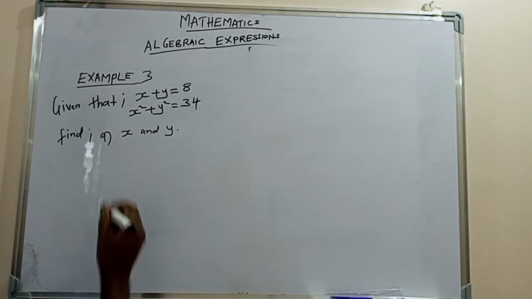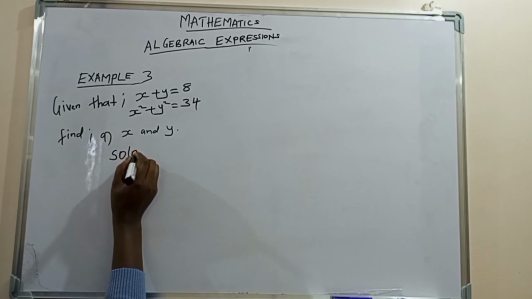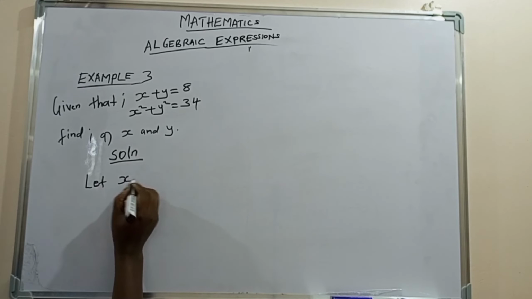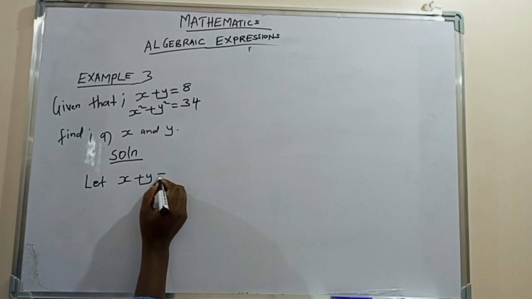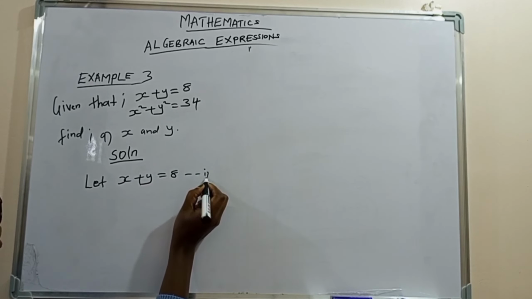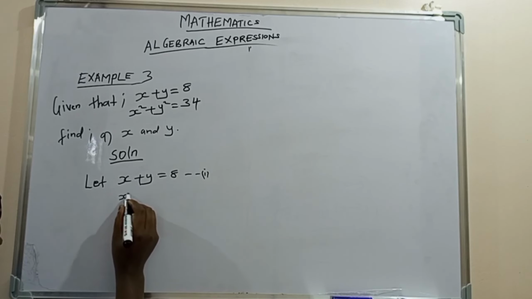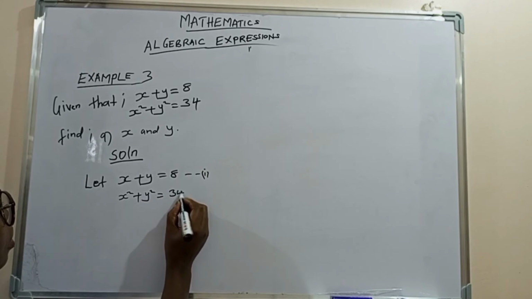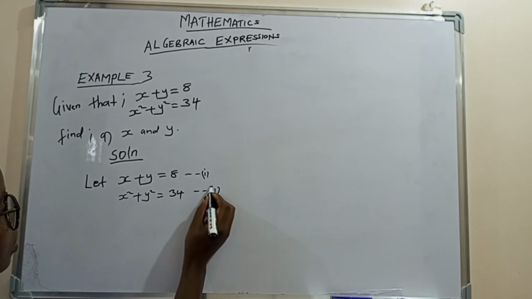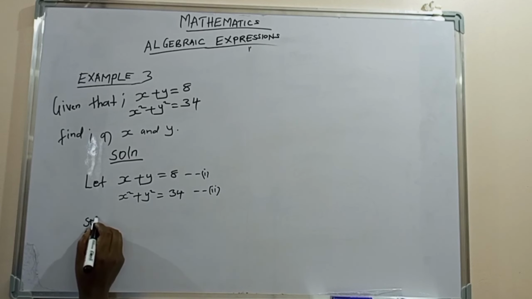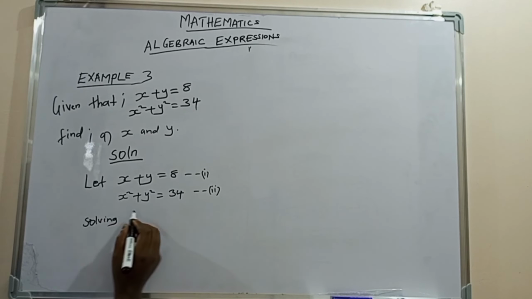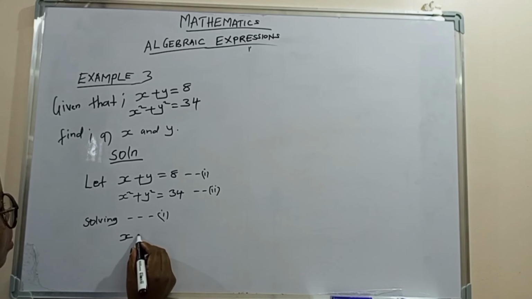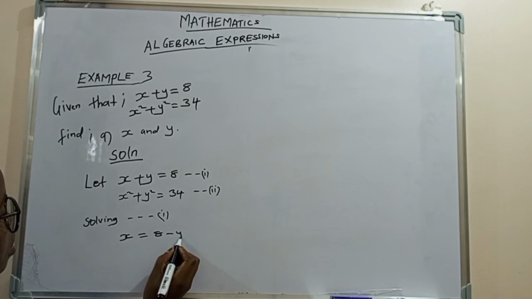So let x plus y is equal to 8 be our first equation, and x squared plus y squared is equal to 34 be our second equation. So solving equation 1, x is equal to 8 minus y.